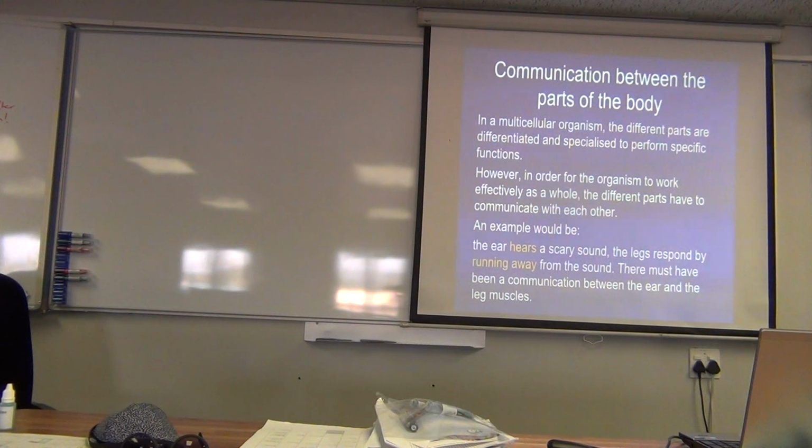Right. As soon as you've got a multicellular organism where different parts are specialized to perform different functions, then it's terribly important that those different parts work together with each other. There's very little point in my eyes seeing a step if my legs don't pick up higher to step over that step.